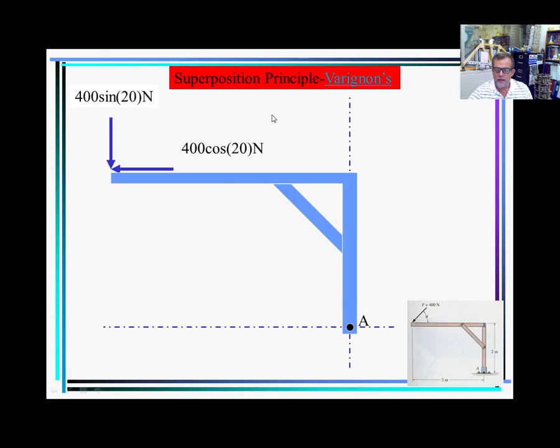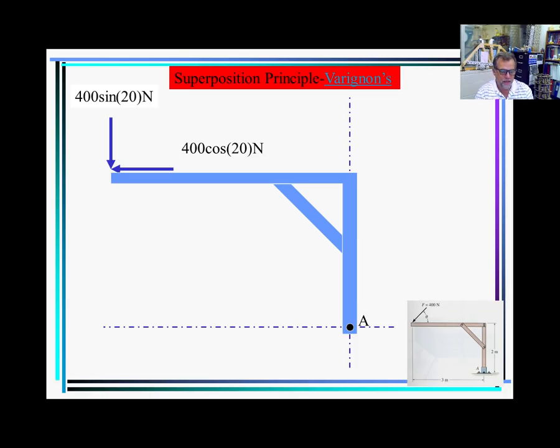So anyway, the Varignon principle or superposition principle is, by the way, a really powerful principle in engineering. It's like divide and conquer, but backwards. Why?